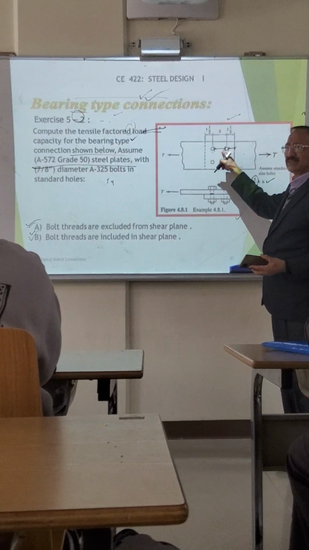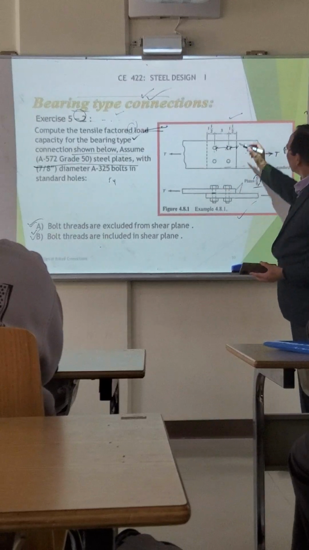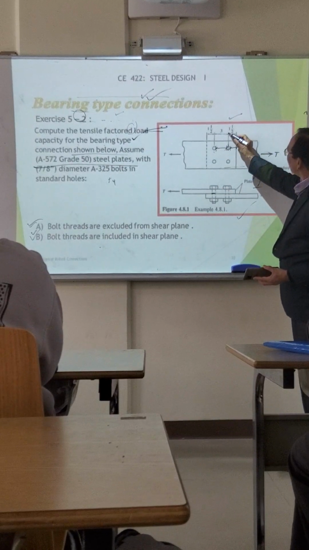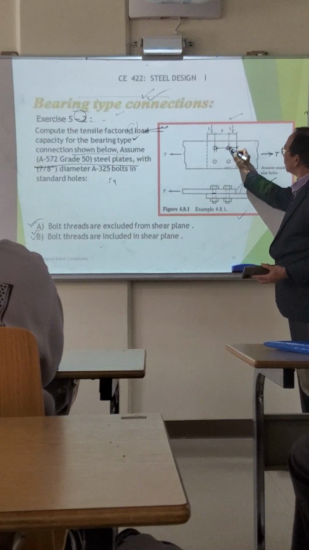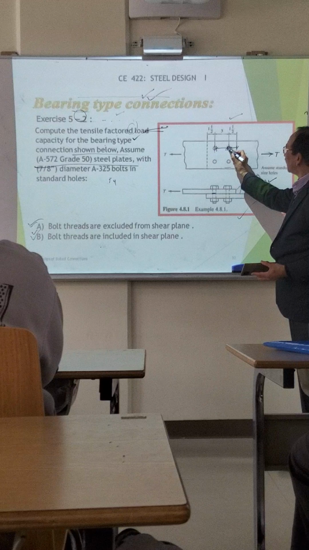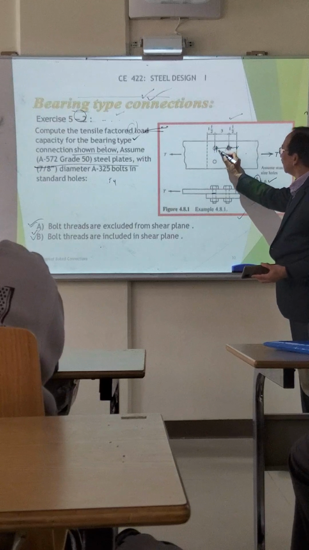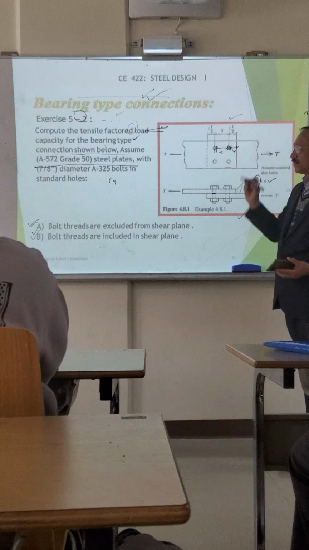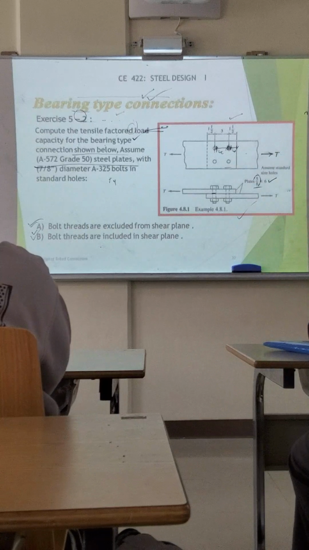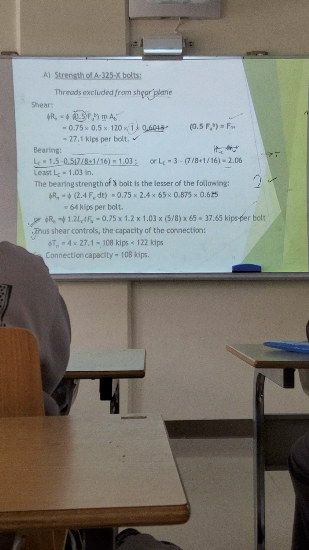Out of these, whichever is minimum will be taken. So from 1.5, I subtract half of the diameter, or from this T, I subtract half diameter here and half diameter here, and that will be my LC value. LC is the clear length. That will be used in the formula for bearing strength.